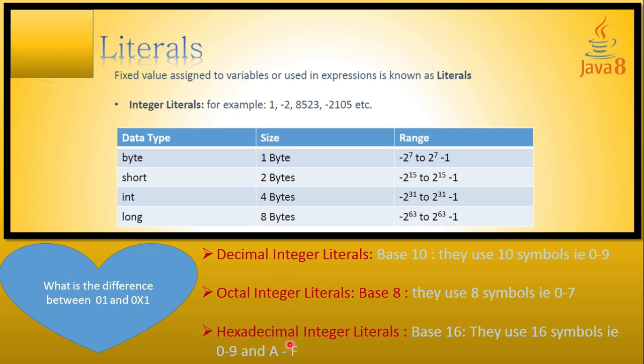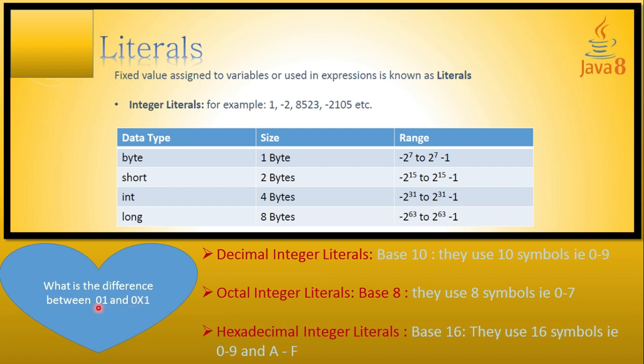If you wanted to type this number as in decimal, then you don't add anything, simply you write the number. 15, only 15 you will write. 20 means only 20. If you wanted to make it in octal, you will write the number with a leading 0. And if you wanted to make it in hexadecimal, you will write 0x first, then the number will be written. Okay, that's a hexadecimal number system.